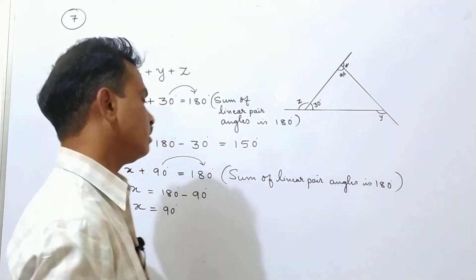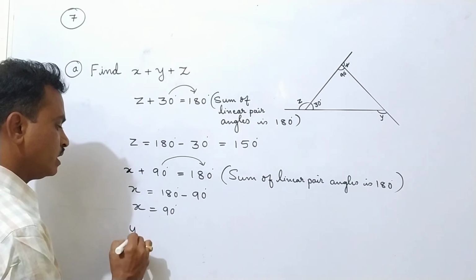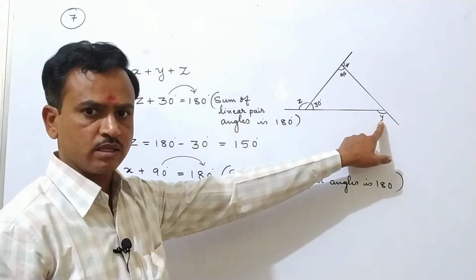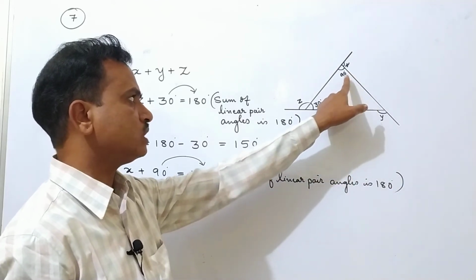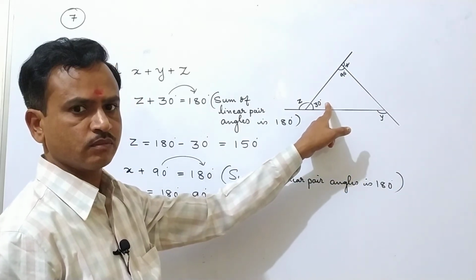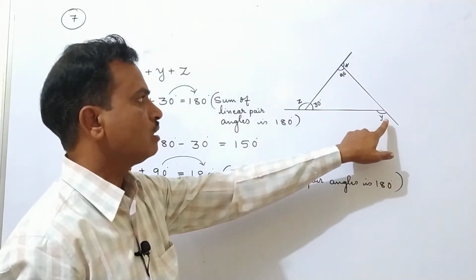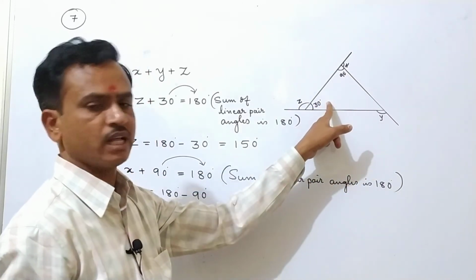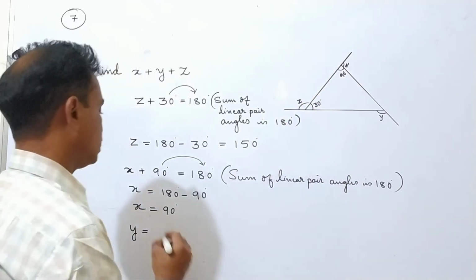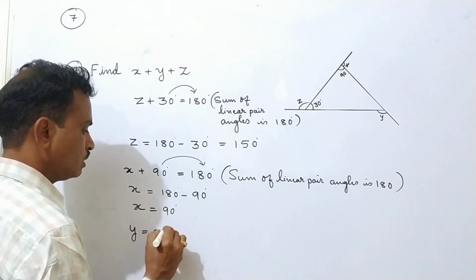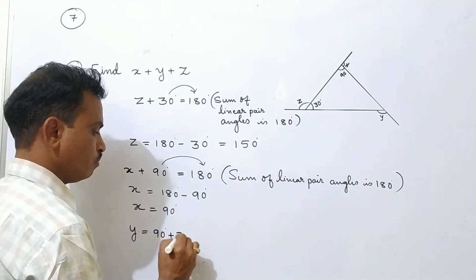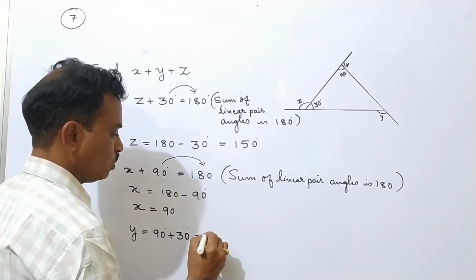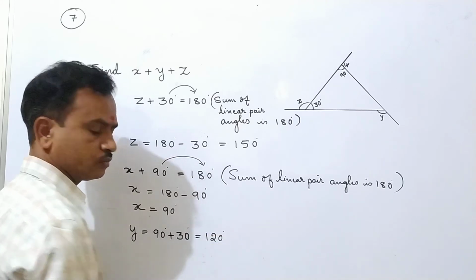So angle y is equal to the exterior angle, which is equal to the sum of two opposite interior angles. Opposite interior angles means these two. So 90 degree plus 30 degree, which is equal to 120 degree.